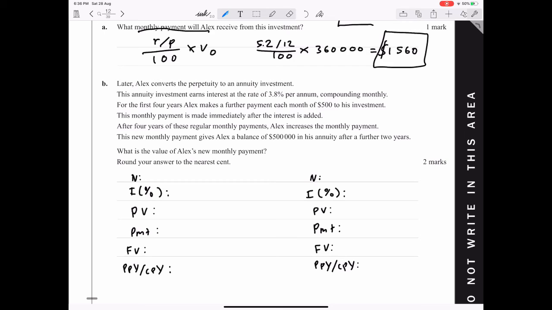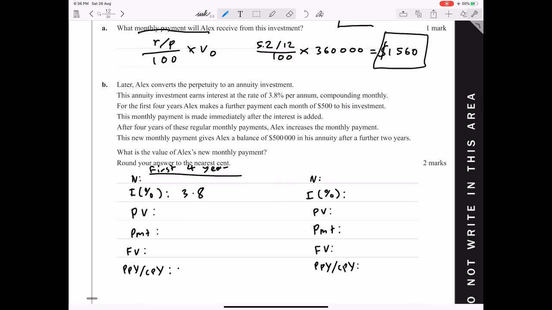So we need to calculate the future value after the first 4 years. The annuity investment earns interest at the rate of 3.8% per annum, compounding monthly, so P is 12. For the first 4 years, 4 times 12 is 48 months.